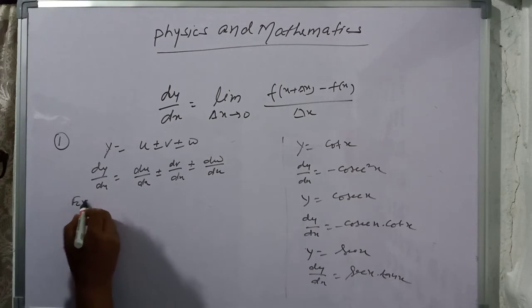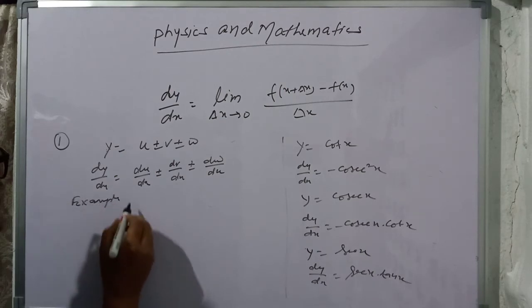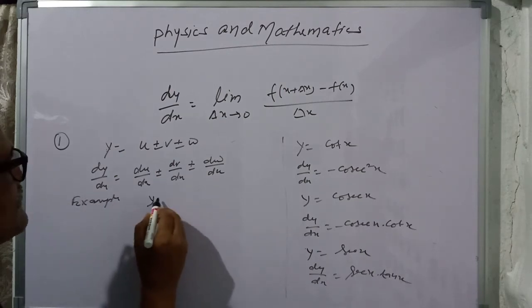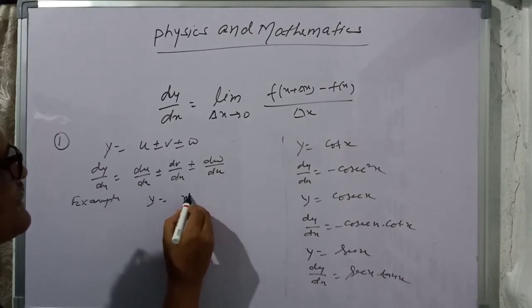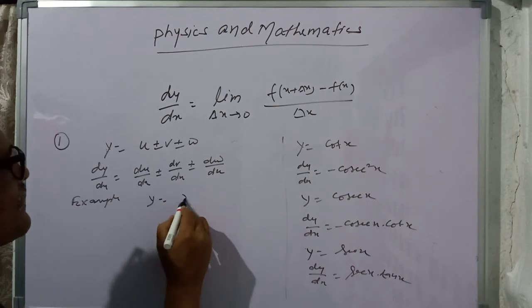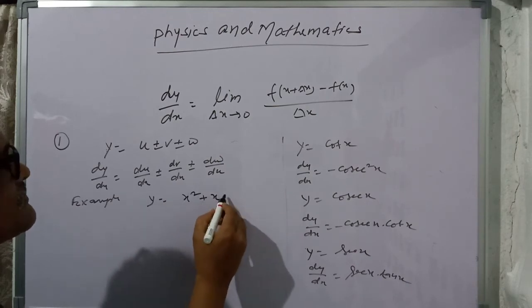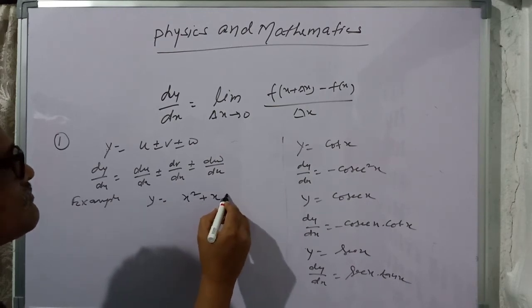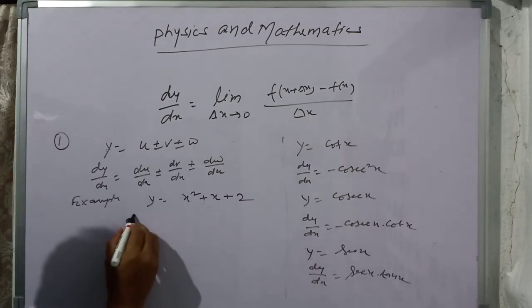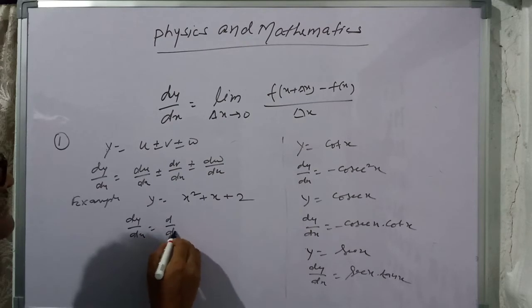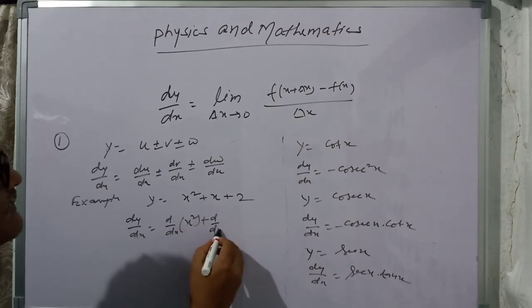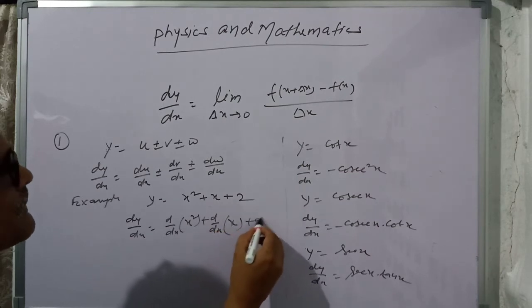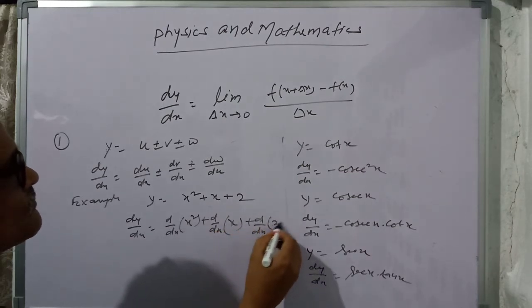The example: suppose y is equal to x square plus x plus 2, then dy by dx is equal to d by dx of x square plus d by dx of x plus d by dx of 2.